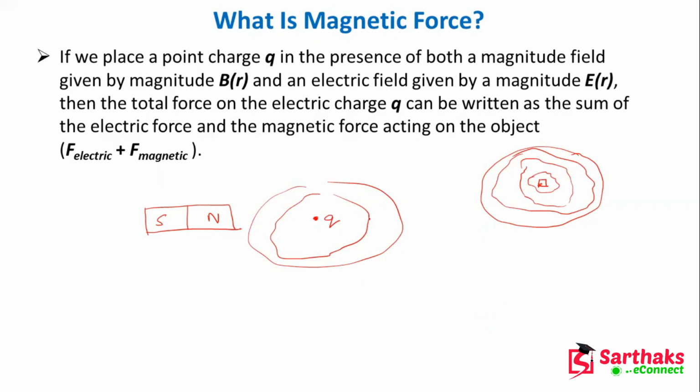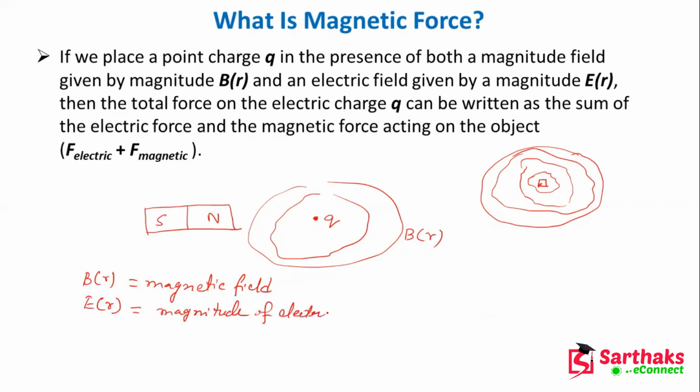So here the magnetic field is B, this is the magnetic field, and the electric field is due to the electric charge Q. This is the magnitude of the electric field.